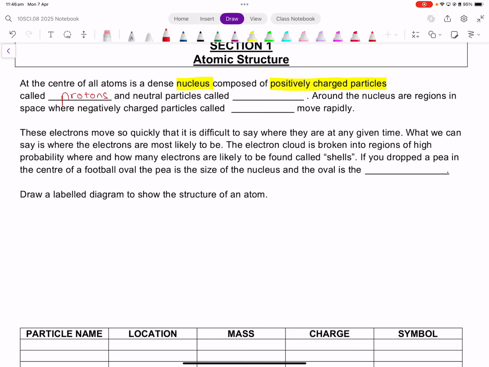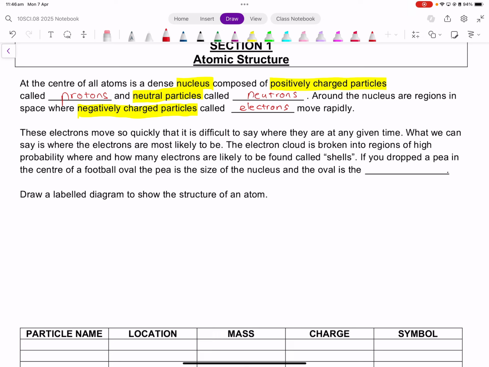It is also made up of neutral particles, and these neutral particles are known as neutrons. Around this nucleus, so around this main part of the atom, if you like, is a space for lots of these negatively charged particles called electrons, okay, to hang out.